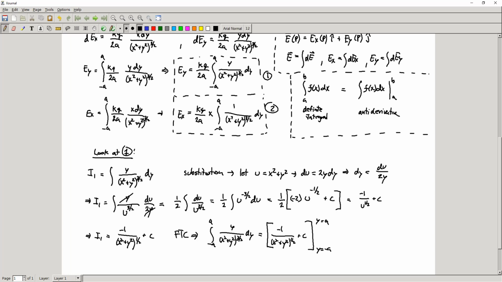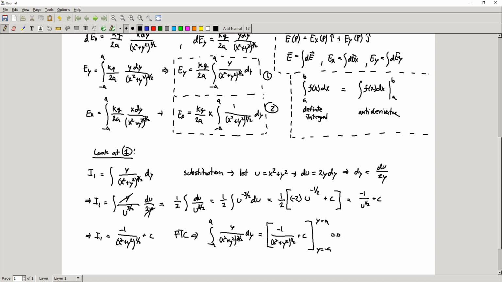Hopefully we can see that this is all going to cancel out, right? We're going to substitute in y equals minus a, it's going to get squared, and we're going to get some term. And then we substitute in y equals a, but y equals minus a, since it's getting squared, is the same as y equals a. So we're going to end up subtracting whatever we get from the top from the bottom, when they're equal, and we're going to end up getting 0, right?